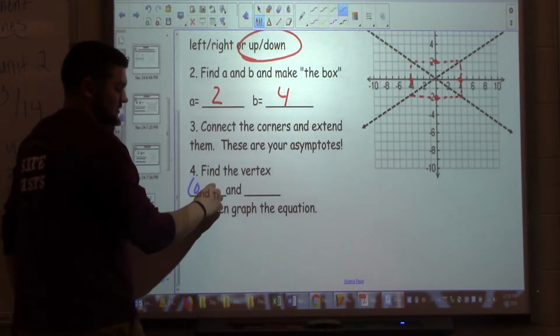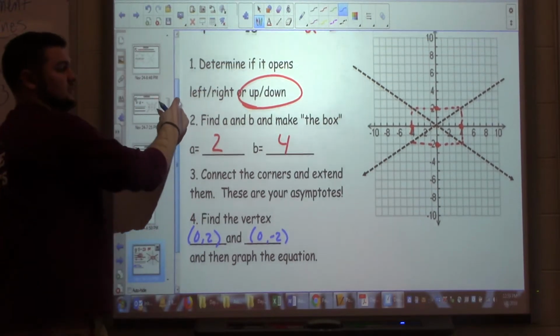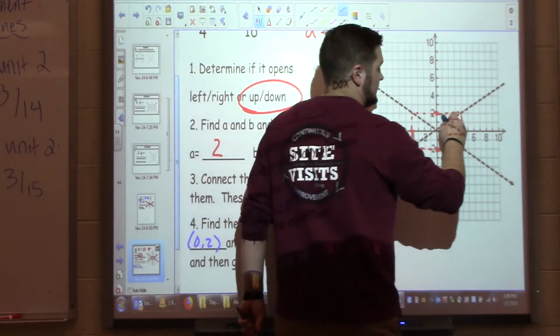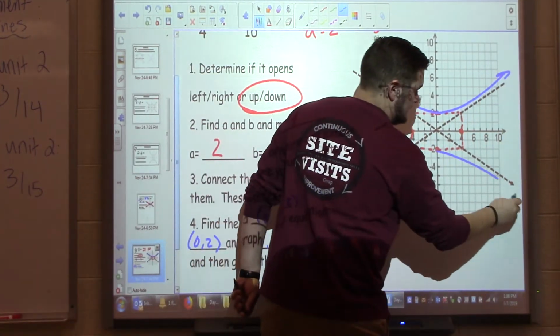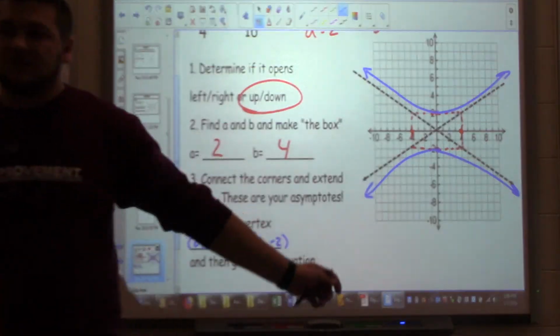Right? So (0, 2) and (0, negative 2). Which means from those points is where I'm going to draw my hyperbolas. Now, that's what my graph should look like.